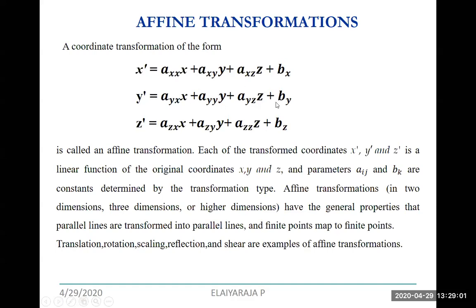So affine transformations, in 2-dimensional, 3-dimensional or higher dimensions, have the general properties that parallel lines are transformed into parallel lines, and finite points map into finite points. The best examples of affine transformations are translation, rotation, scaling, reflection and shear.